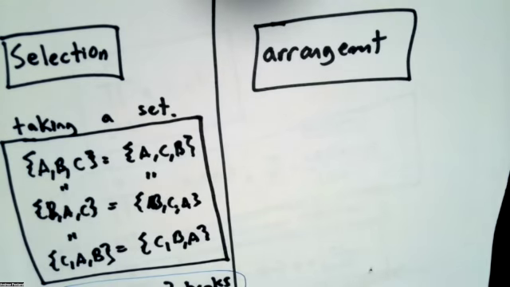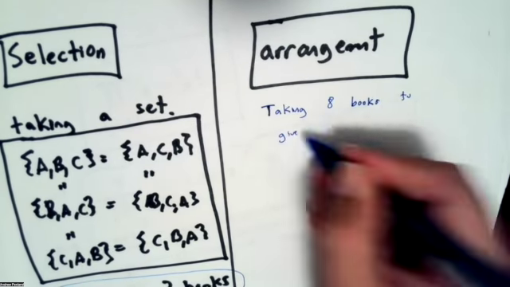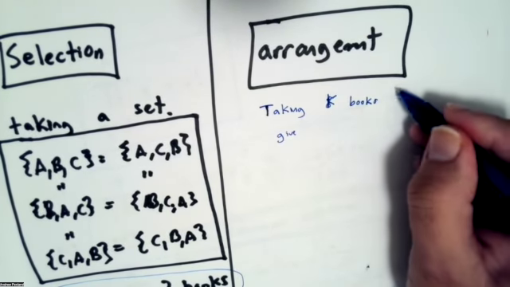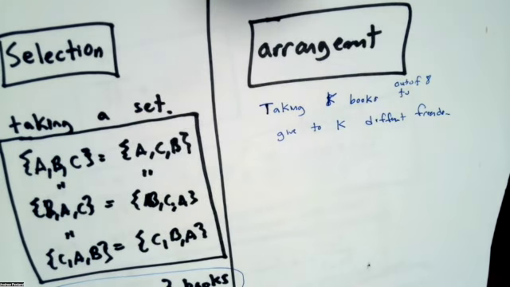In arrangements, I think we felt good about arrangements last time. So if we're taking k books out of 8 to give to k different friends, how many different ways can we do this?